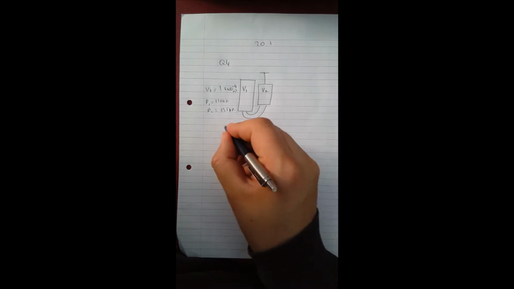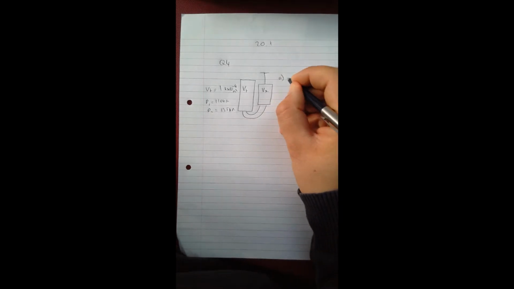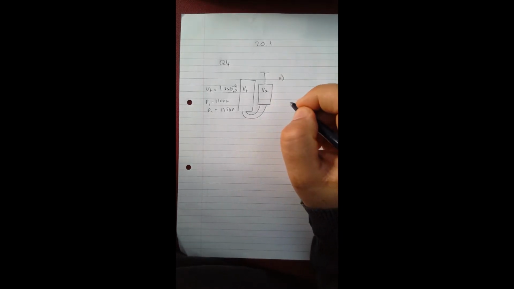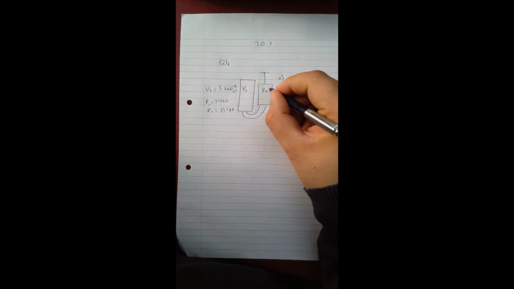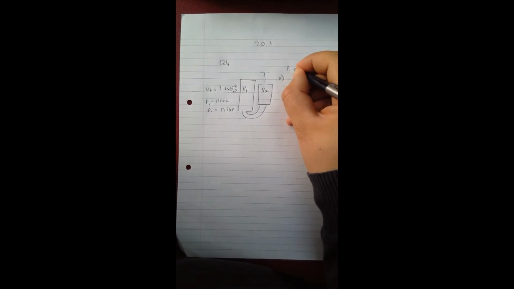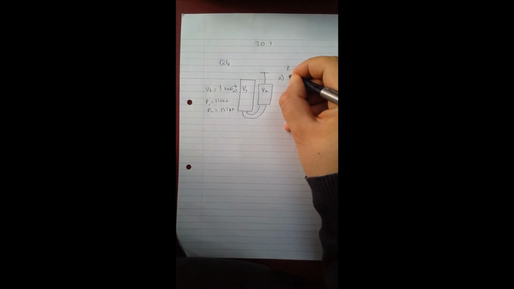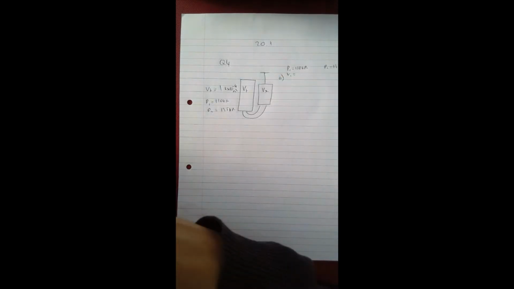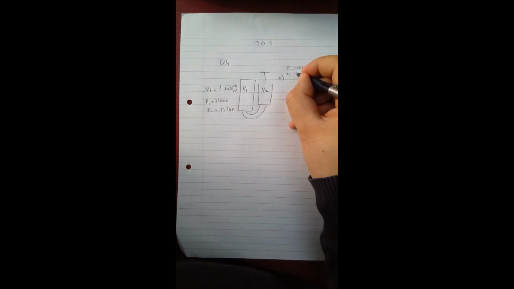So initially, for this one here, demonstrate that the volume of air in a hand pump initially was 2.7 times 10 to the minus 5 meters cubed. Okay, so our P1, we know, was 110 kilopascals. P2 is 135 kilopascals. Our initial volume, V1, equals the volume of the flask plus the volume of the hand pump.